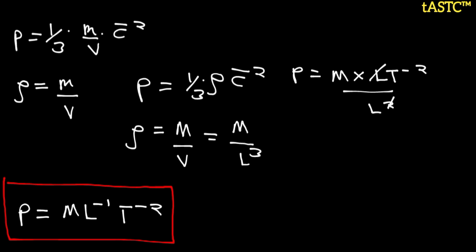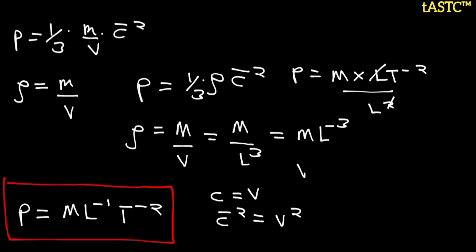So this is going to be M L raised to the power of -3. Then we have C, which is velocity. So if we have C squared, that is going to be V squared. V itself is LT raised to the power of -1, that is the displacement divided by time. So V squared is LT raised to the power of -1, squared.